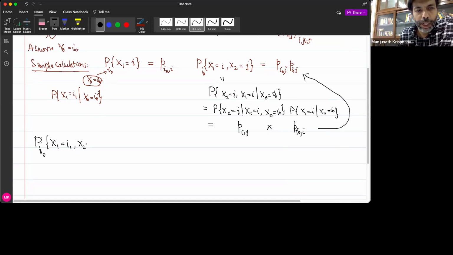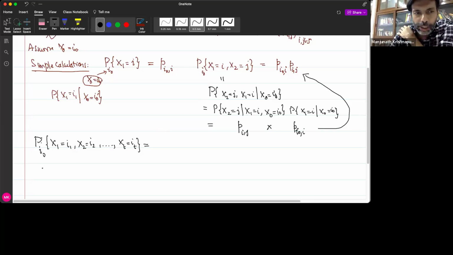At time 2, I want to be at state I2. And so on up to time t, I want to be at state I sub t. t can be 10 or 20, whatever, it doesn't matter. So how do we write the probability? Again, you can break it into conditional probabilities, conditioning each step.